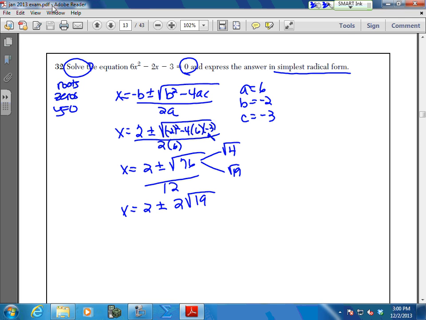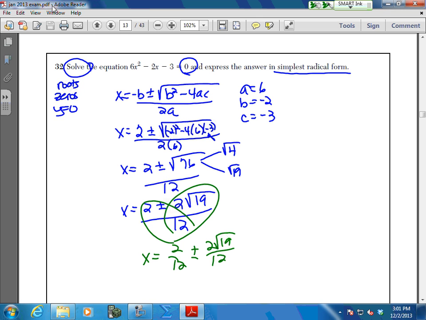What's left is radical 19 over 12. The easiest way without factoring is to separate it. And then reduce it. So this becomes 1 over 6 plus or minus radical 19 over 6.